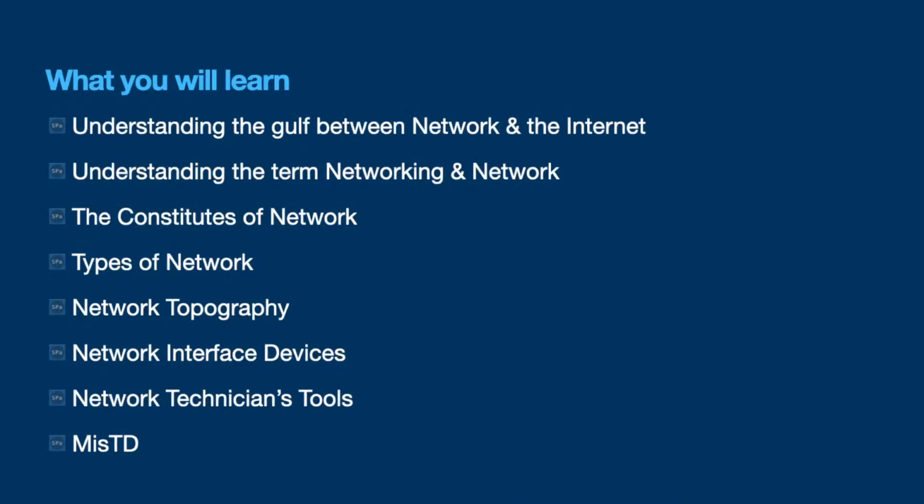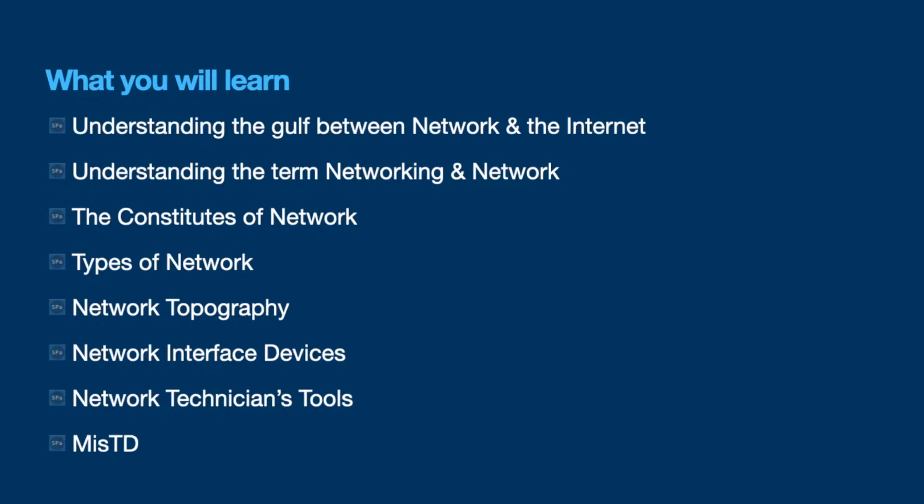What you will be learning in today's session: we're going to explain what a network and the internet are, which are very important that you know as a network engineer or network analyst. The second outline, you're going to be understanding the terms networking and network itself.